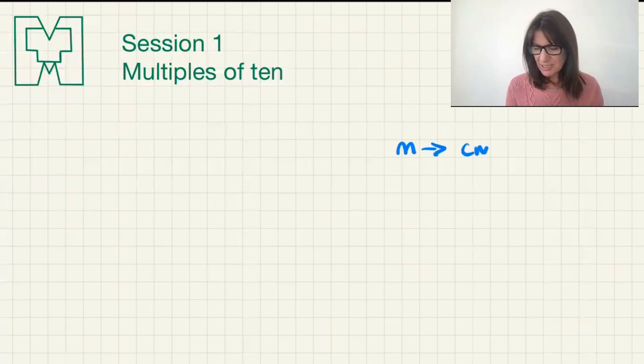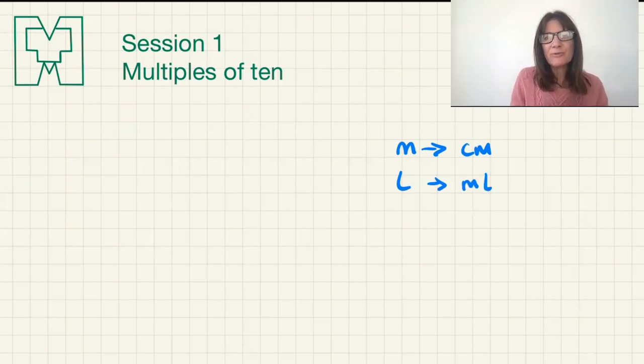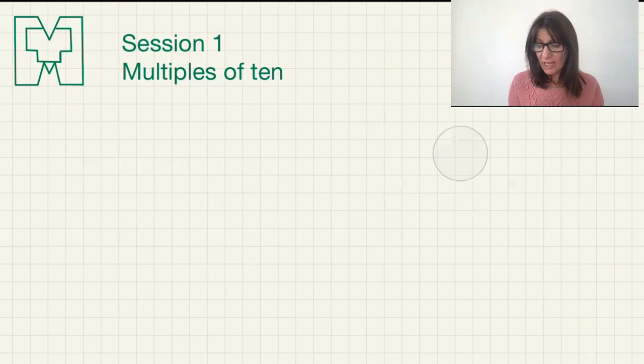Meters to centimeters, liters to milliliters, etc. So the skill that we're about to learn now is all you need to help you with that type of question. And as I say, the course is designed to help you build your knowledge, build your confidence, rather than just chuck everything at you in one go.